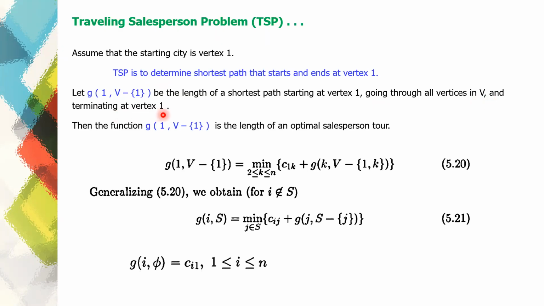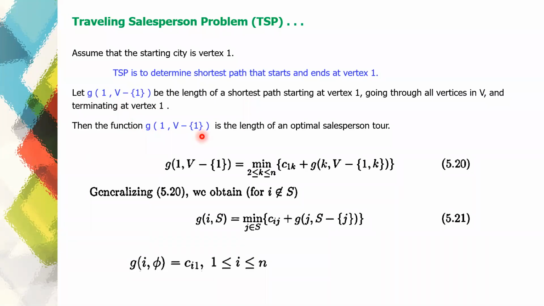Such a path should be the shortest path, and the length of such a shortest path is given by a cost function represented with G. This cost function G takes 2 parameters: what is the starting city, comma, what are the remaining vertices through which travel needs to happen.